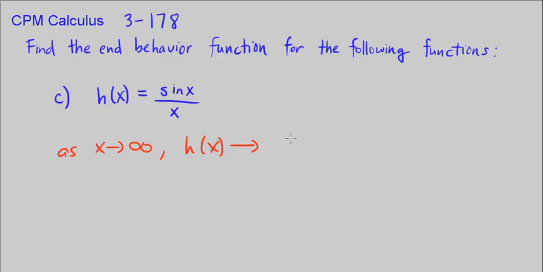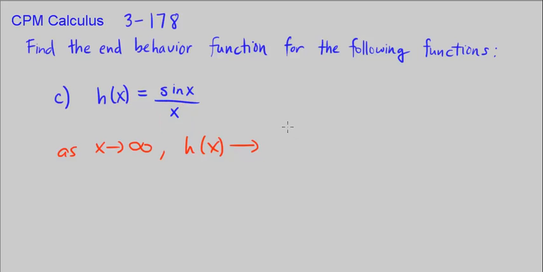Well, we know we're going to have this oscillating function in the numerator and a really, really big number in the denominator. Well, that oscillating function oscillates between negative 1 and positive 1. So that's pretty much a constant number oscillating up and down as the denominator gets really, really big.